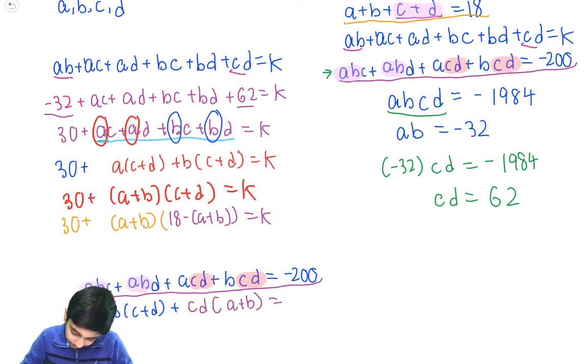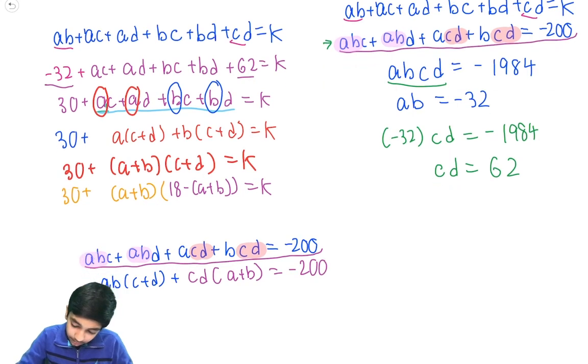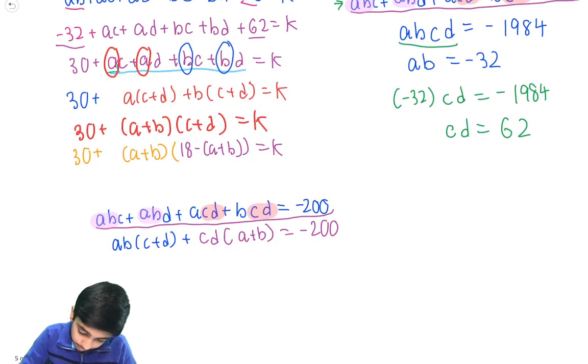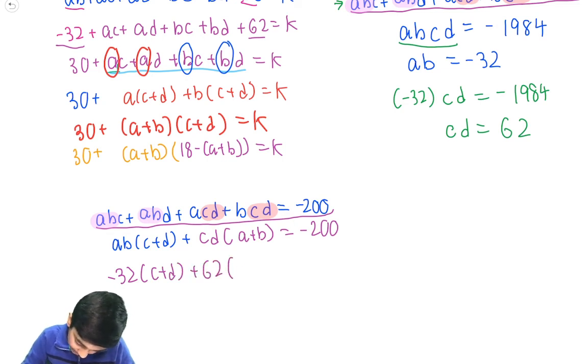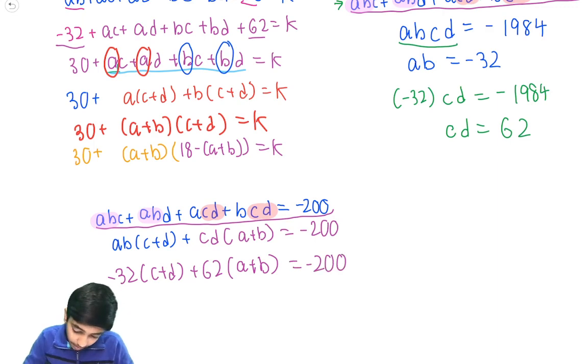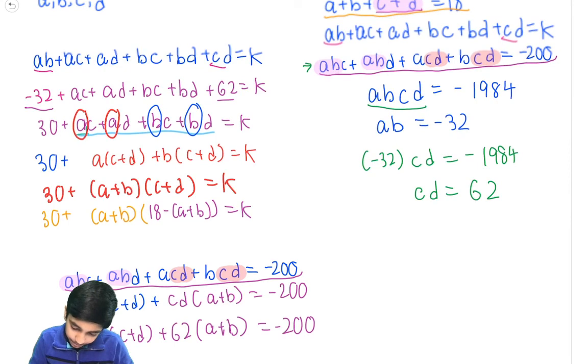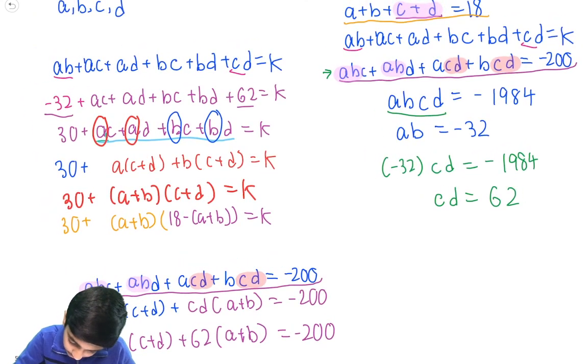Nice. So now we know the exact values of ab and cd. We know ab is negative 32. We know cd is 62. So we plug them into the expression, we get negative 32 times c plus d plus 62 times a plus b is negative 200. And again, from earlier, we know that c plus d is just 18 minus a plus b, from this first equation here.